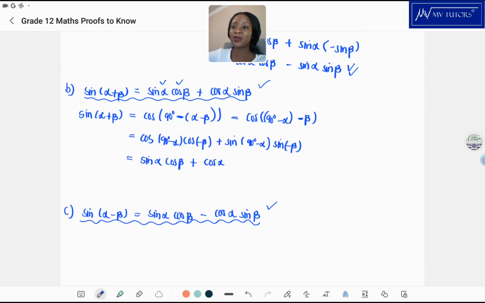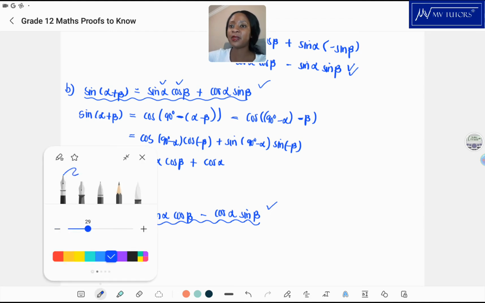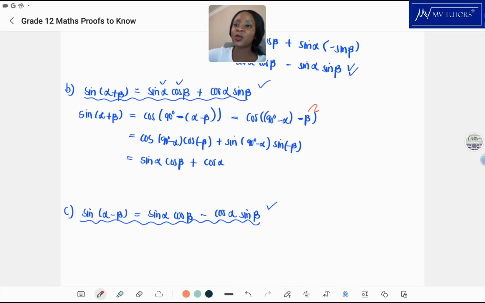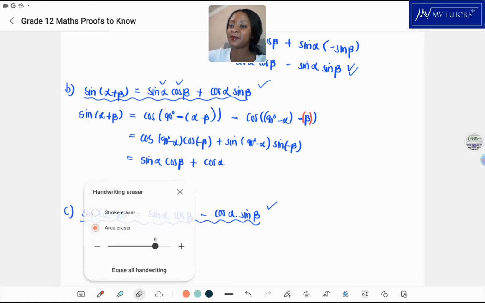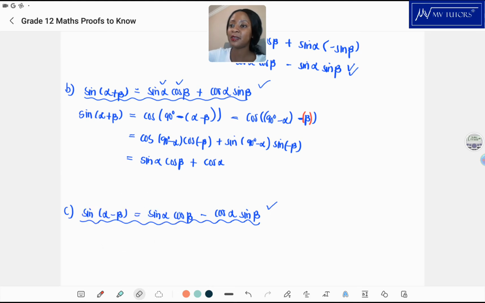And then we actually have, sorry guys, no. I have been making a mistake here. So we actually have a minus and we have a positive beta. So this should be positive. Okay, it's not a negative beta. It's just simply cos beta. Okay, which is cool.